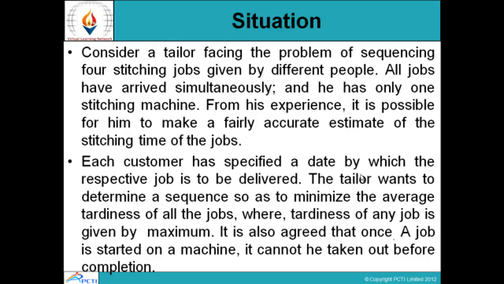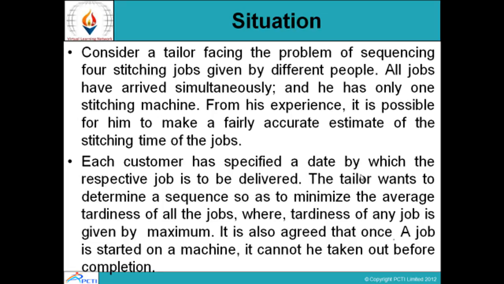Situation: consider a tailor facing the problem of sequencing 4 stitching jobs given by different people. All jobs have arrived simultaneously and he has only one stitching machine. From his experience, it is possible for him to make a fairly accurate estimation of the stitching time of the jobs. Each customer has specified a date by which the respective job is to be delivered.